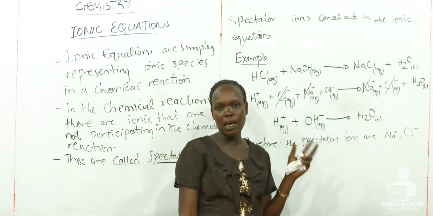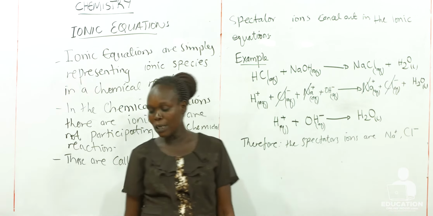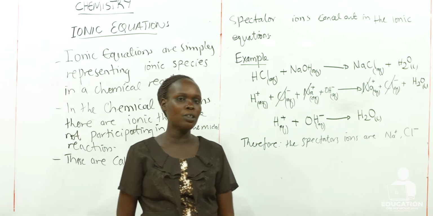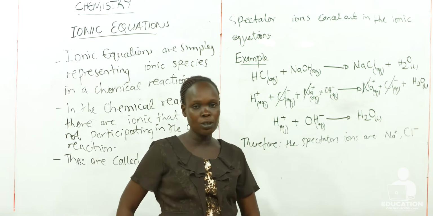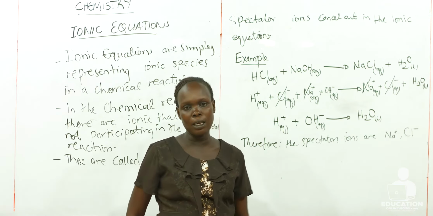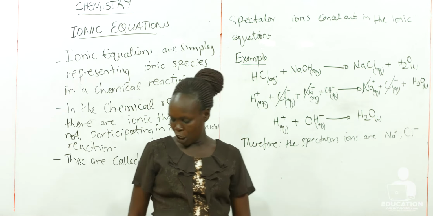So in writing ionic equations, we need to follow some steps, so that we shall have a clear ionic equation. Students find it very difficult to form ionic equations, but when you have the steps, it will be much easier for you to get the ionic equations.